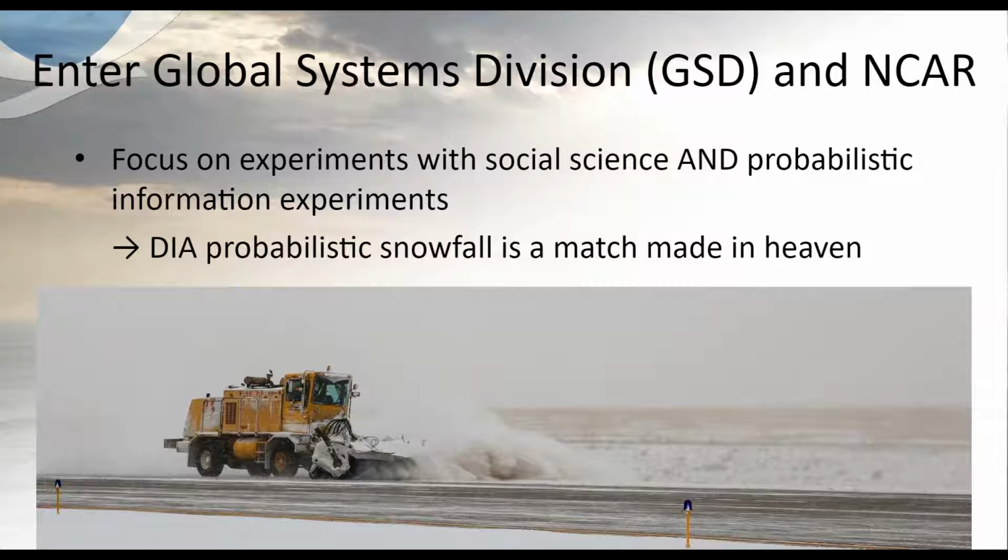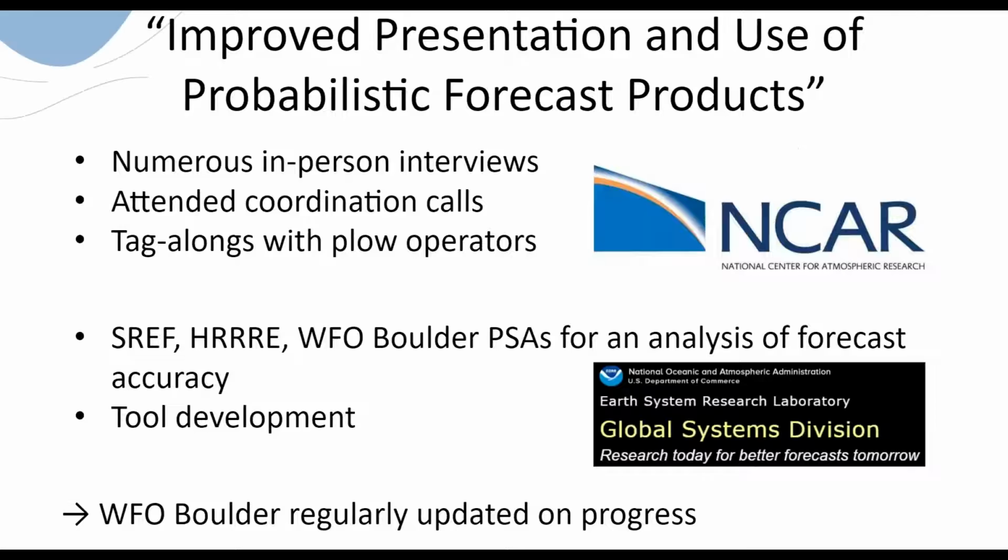It turns out that when they found out about our probabilistic snow accumulation product, it was a match made in heaven. It's the 4th busiest airport in the US, frequently impacted by snow, and just down the road from NCAR and from our building here.